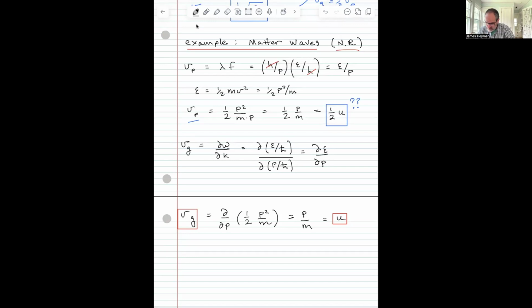That is, if we draw a wave packet to represent our electron here, like so, then it's not the velocity of the crests that matters. It's the velocity of the envelope of the wave packet, the whole pulse as it moves through space. That's what we want to track.